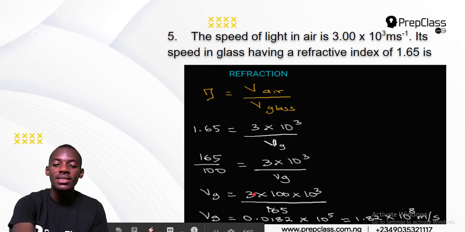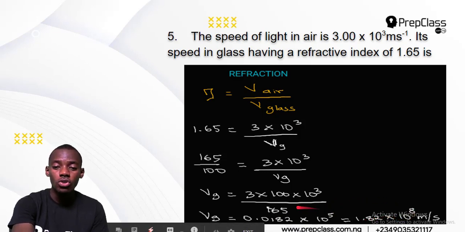So if I divide 3 times 100 is 300 divided by 165, it will give me 0.0185 times 10 to the power 5. Okay, now if you solve it further, if you bring it to decimal point, you move this point 1, 2, and that will give you 1.85 and 1.82 times 10 to the power 8.